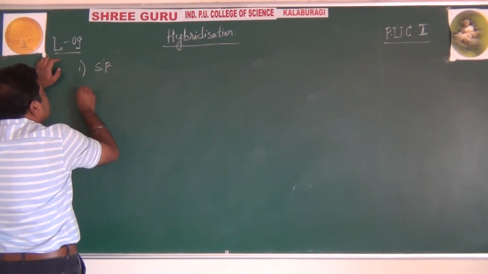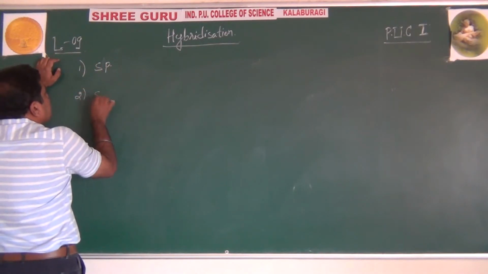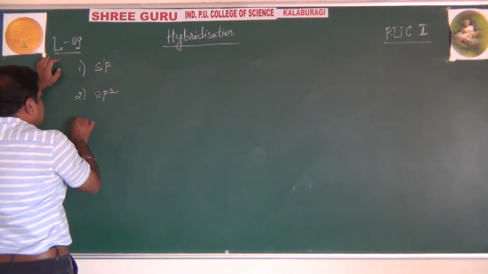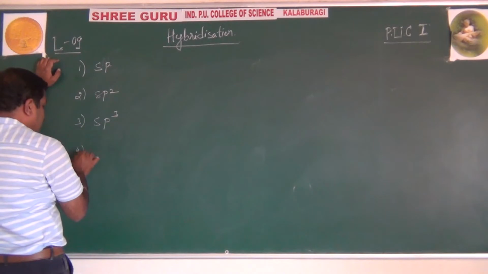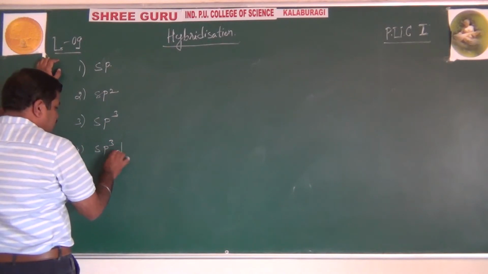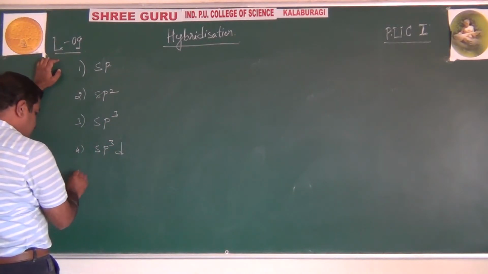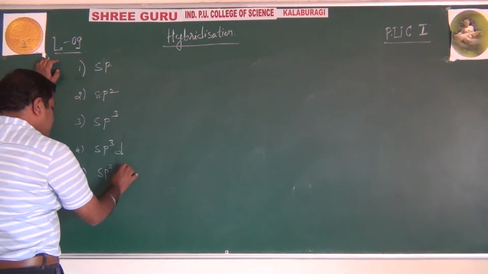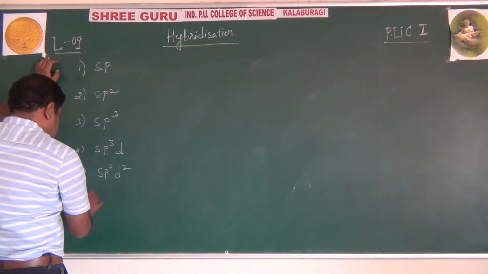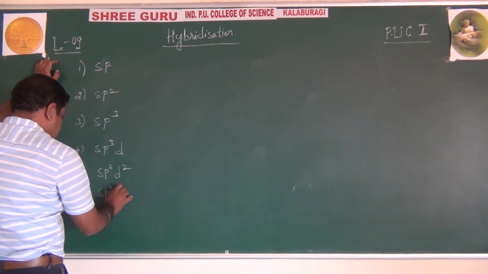sp hybridization. Second, sp2 hybridization. Third, sp3 hybridization. Fourth, sp3d hybridization. Even d orbitals also are involved. Fifth, sp3d2 hybridization. Even sixth, sp3d3 hybridization.